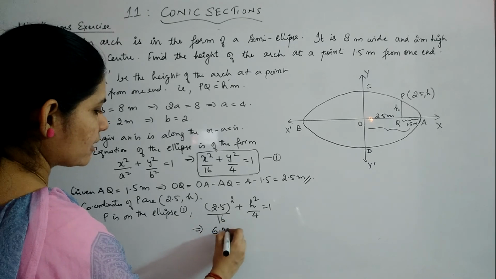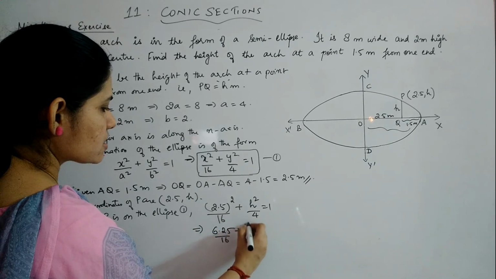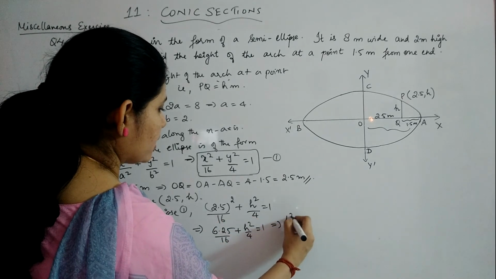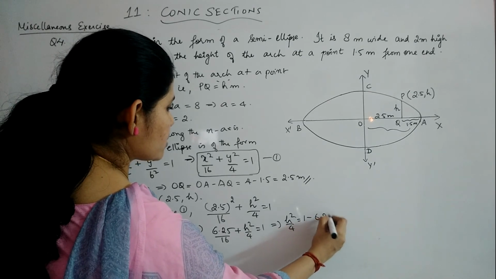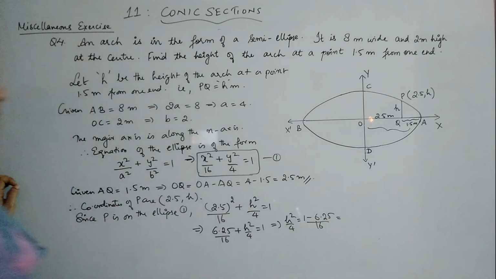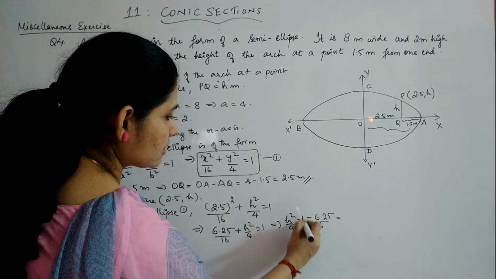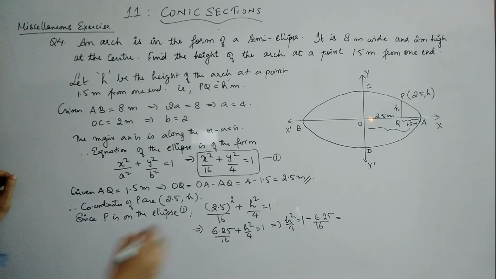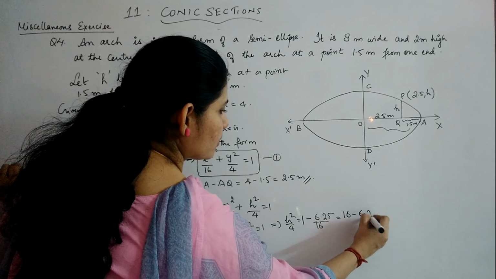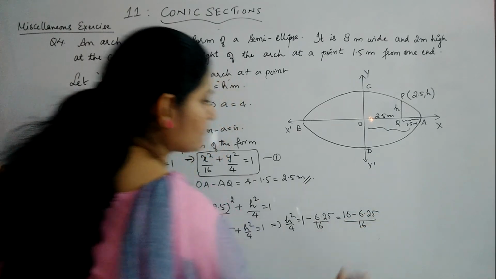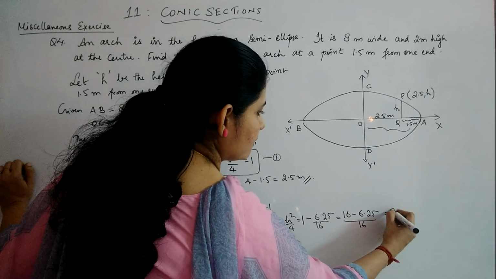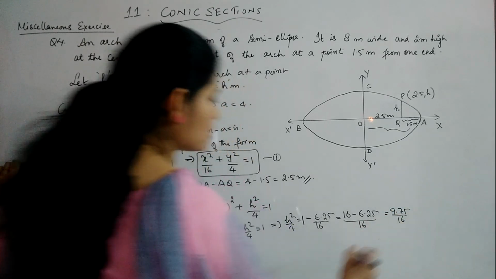This is 6.25 divided by 16 plus h square by 4 is equal to 1, or h square by 4 is equal to 1 minus 6.25 divided by 16. Taking the LCM, we get 16 minus 6.25 divided by 16. Again, what is 16 minus 6.25? It is 9.75. So 9.75 divided by 16 is your h square by 4.